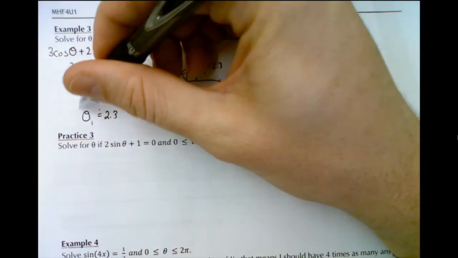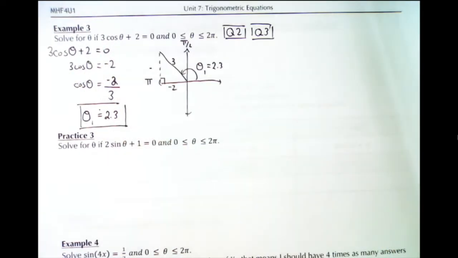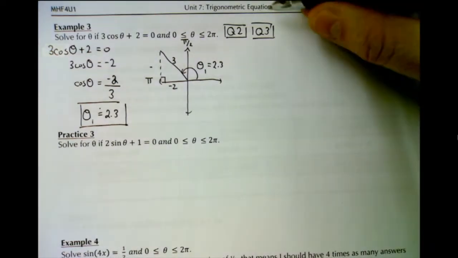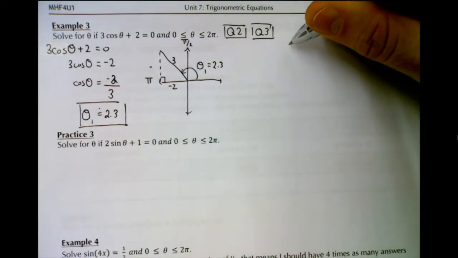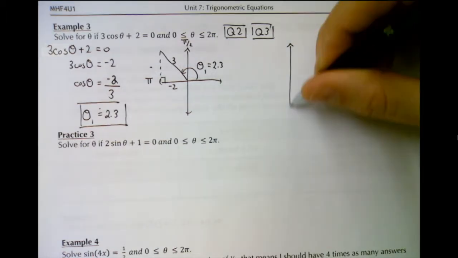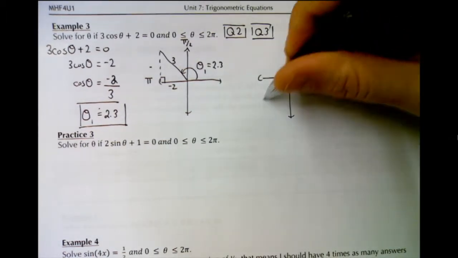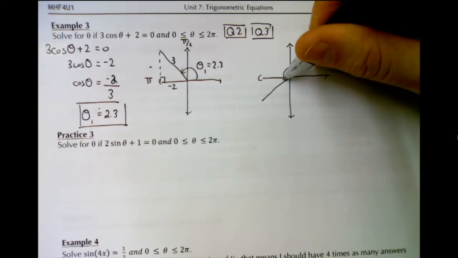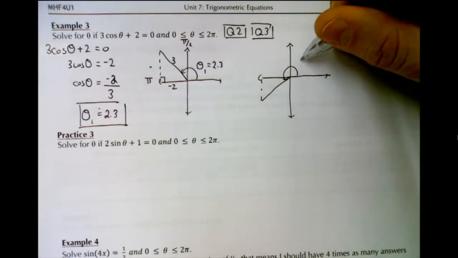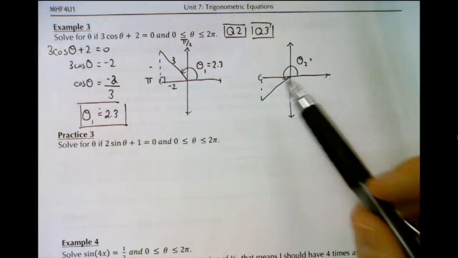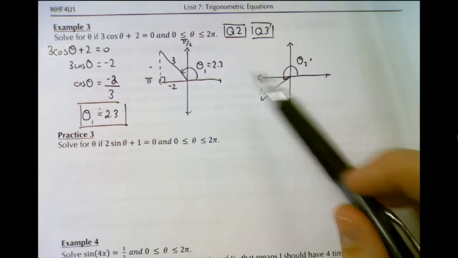So we actually found an answer just by doing cos inverse. When we go to graph an angle in quadrant 3, though, we run into a little bit of a problem. In quadrant 3, we want this angle, theta 2. We don't know what our beta is because we solved for a theta.